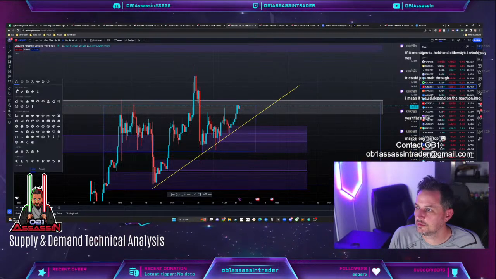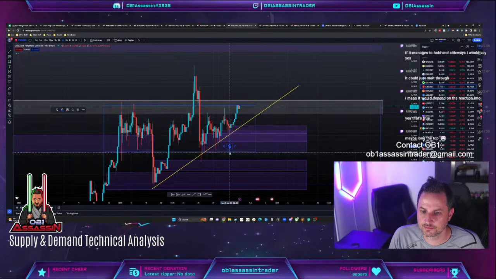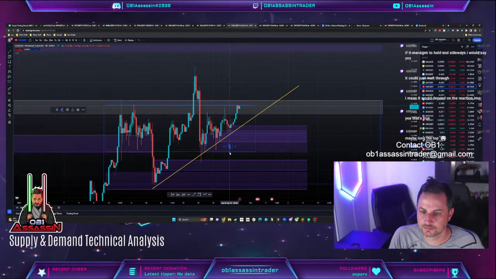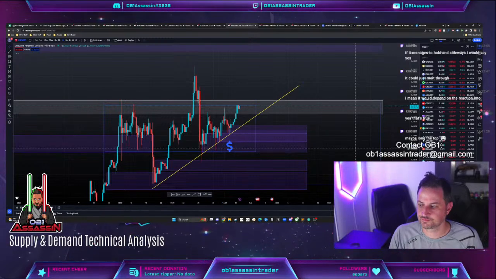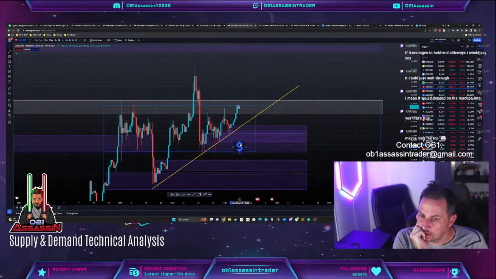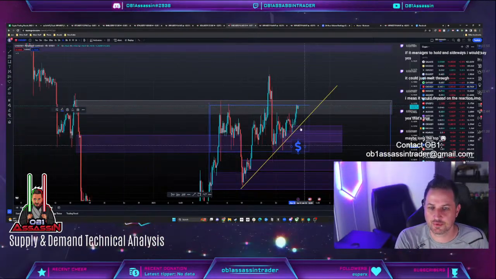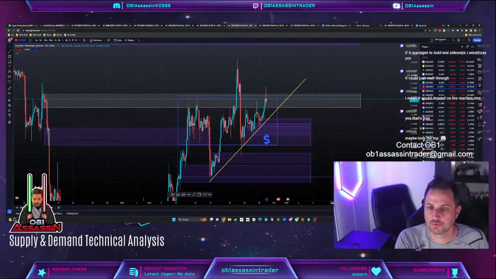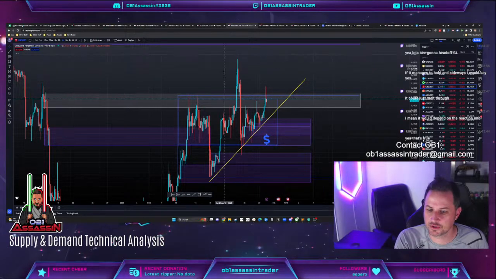Meaning we have lots of stops right there. So I think we could on Chiliz, I think we could see price come down. Not a great place for a short because of course the price structure comes up to here.